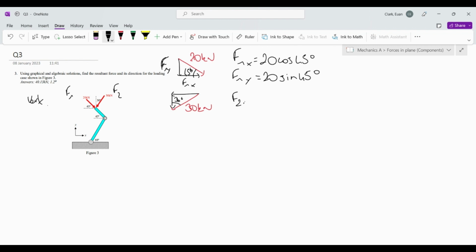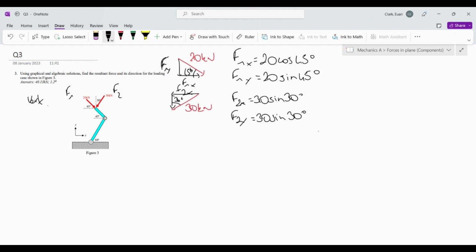F2x is the opposite side of the angle, so that's going to be sine. So 30 sine 30 degrees. And F2y, this time, is the adjacent, so that's going to be 30 cosine 30 degrees.